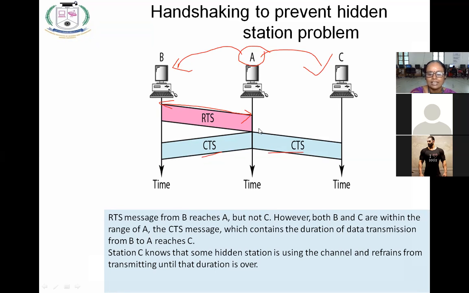So station C will understand that A is now communicating with some other station, and it won't communicate with A. Once it receives the CTS that someone has requested A, and A is communicating with B, C won't communicate with A. This is the hidden station problem.